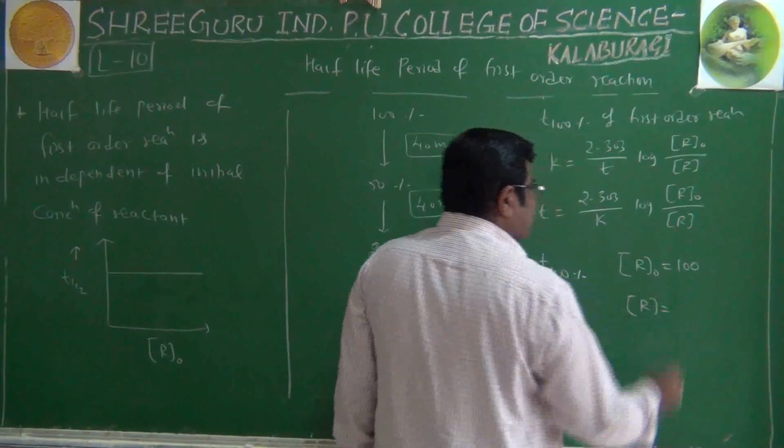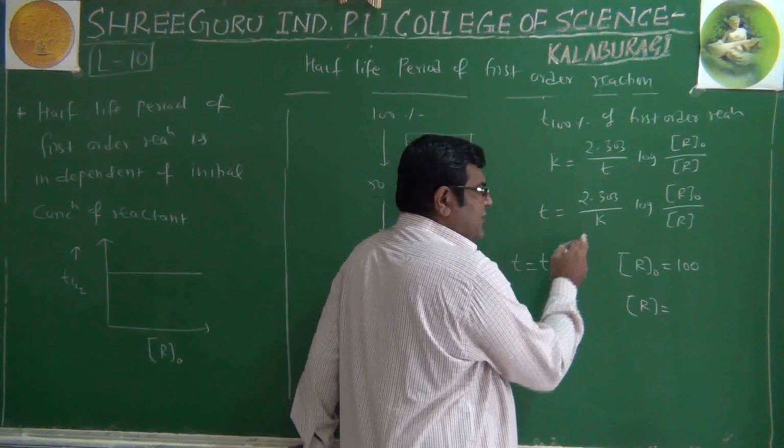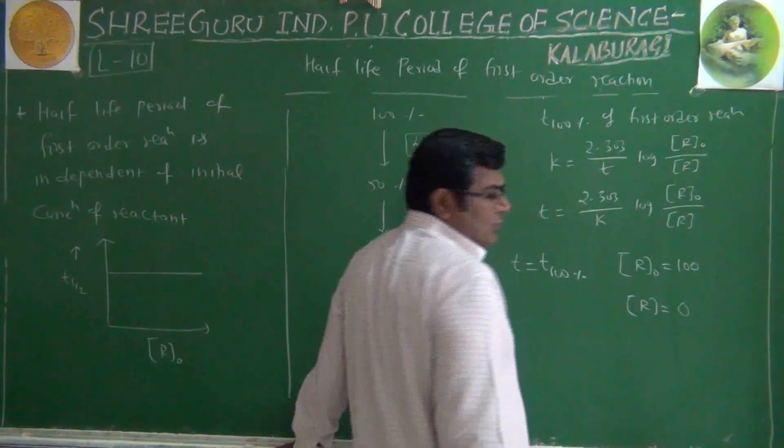R is the concentration of reactant left after time t. When that reaction is 100% completed, the molar concentration of reactant left is 0.